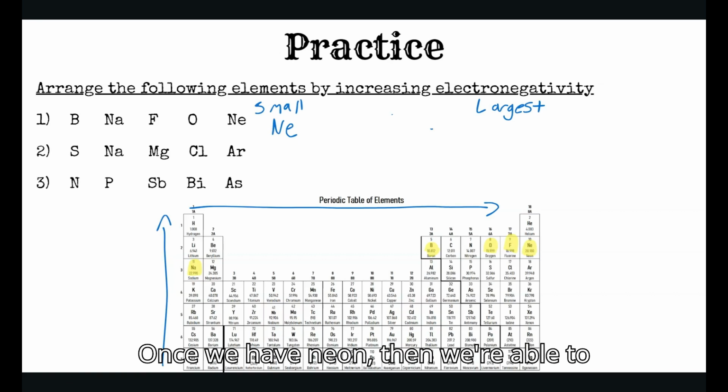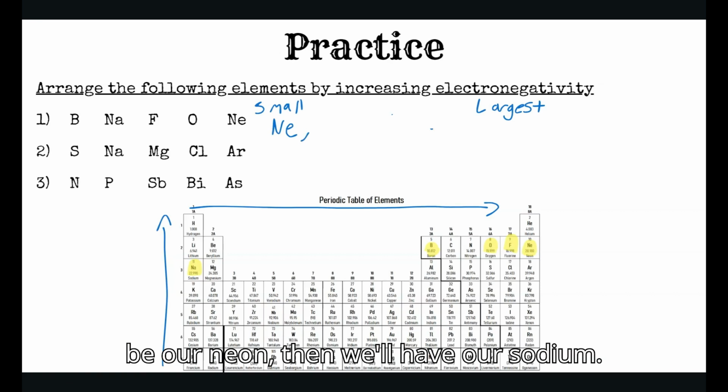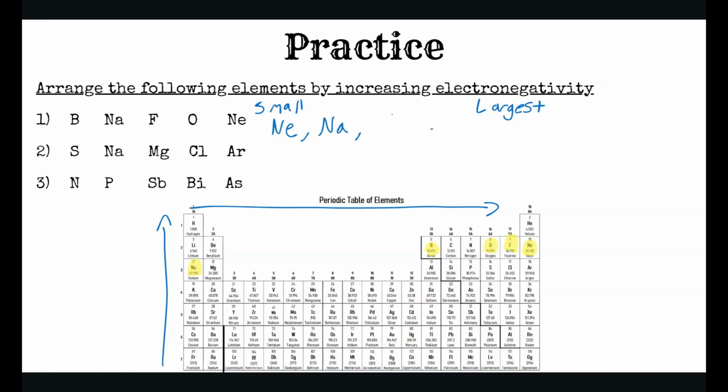Once we have neon, then we're able to take a look at our normal trend. So it'll be neon, then sodium, next boron, oxygen, and then fluorine will be the highest.